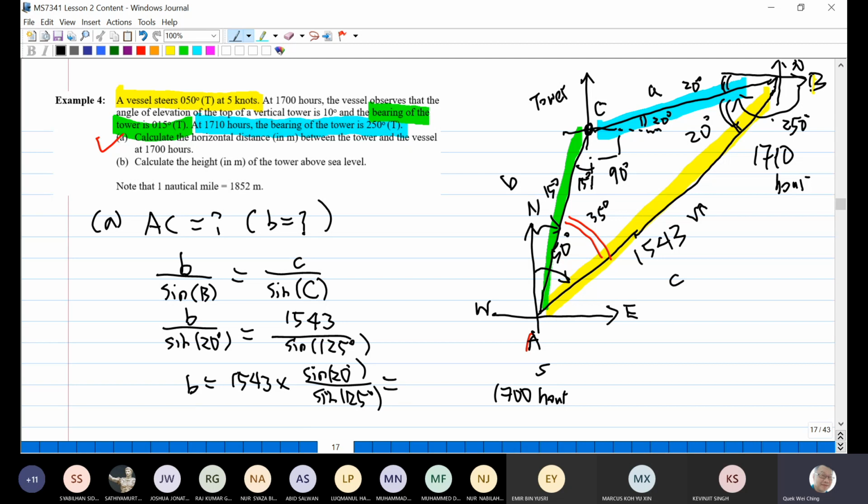So we calculate this one. The distance now is 1543 times sine 20 divided by sine 125, which is 644.